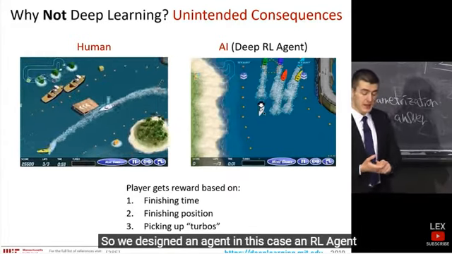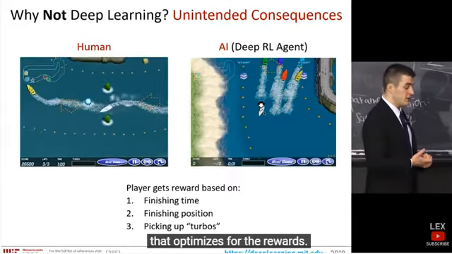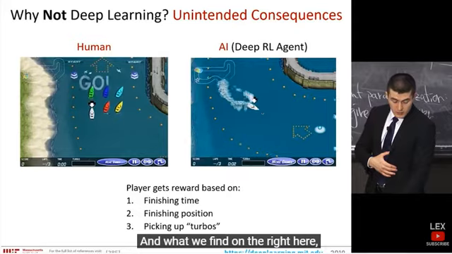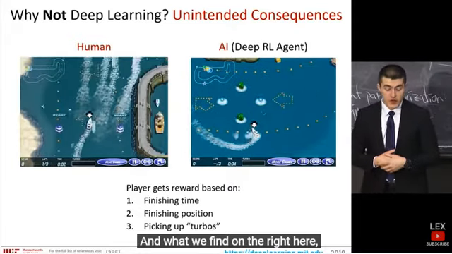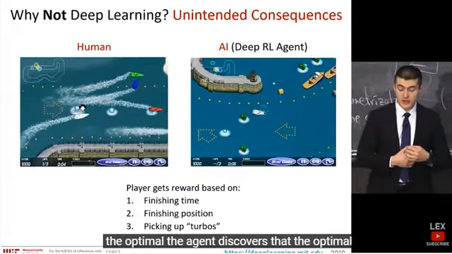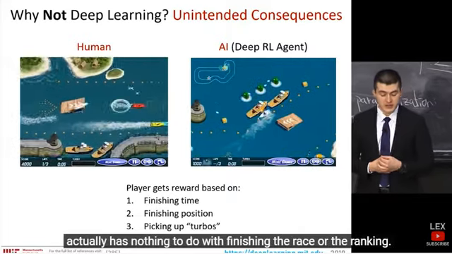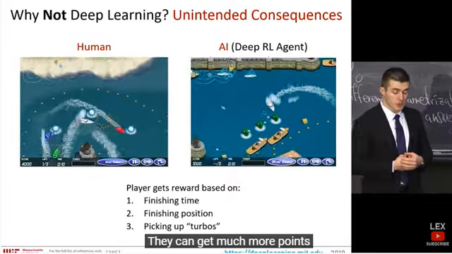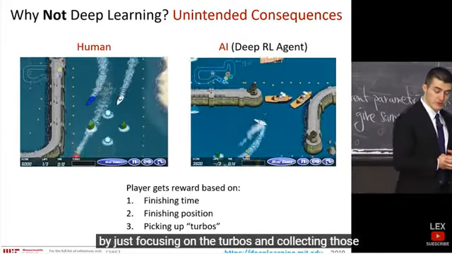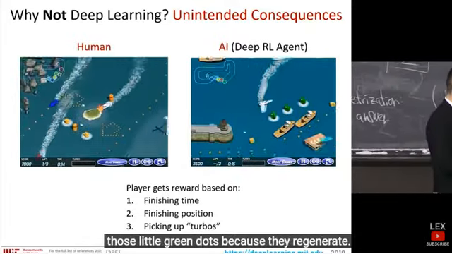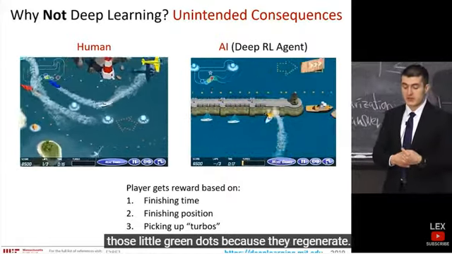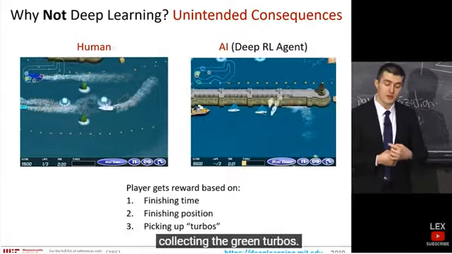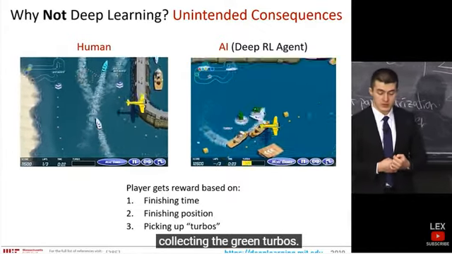So we design an agent, in this case an RL agent, that optimizes for the rewards. And what we find on the right here, the agent discovers that the optimal actually has nothing to do with finishing the race or the ranking. That you can get much more points by just focusing on the turbos and collecting those little green dots, because they regenerate. So you go in circles over and over and over, slamming into the wall, collecting the green turbos.